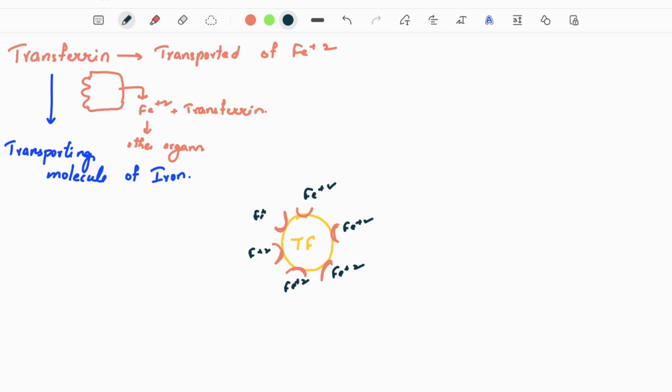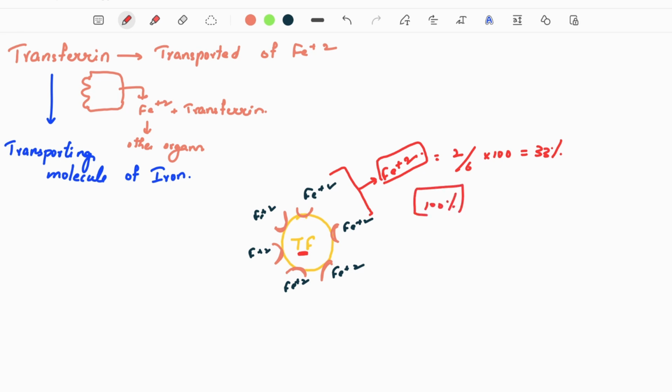This is theoretically possible, but clinically only 2 iron molecules attach. So the percentage is 2 by 6 into 100 equals 33%. Only 33% of the iron is combining with the transferrin, even though it has 100% capacity to attach.